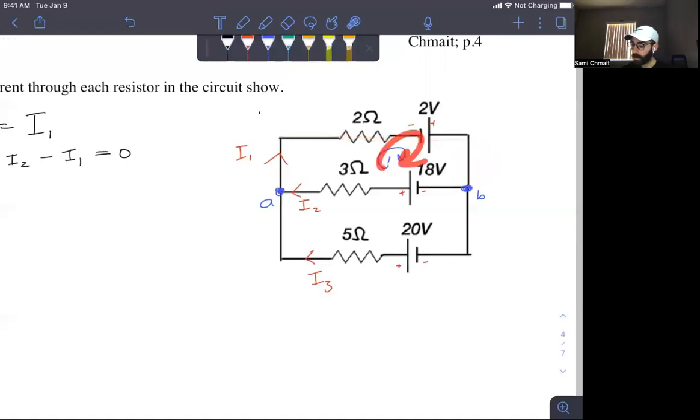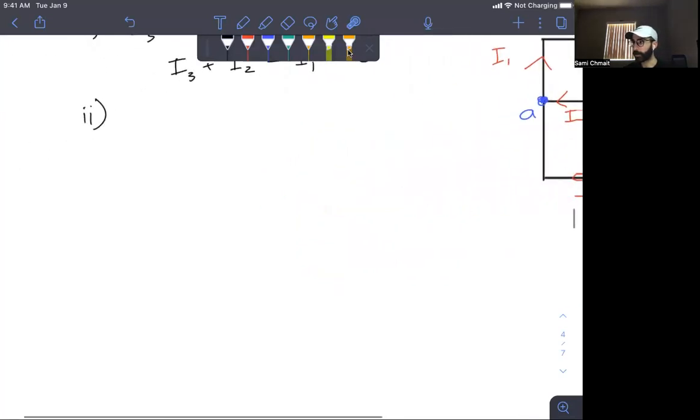And nicely, it also agrees with the direction of current I2. Our current arrow is pointing like this with respect to I1, and with respect to I2 it's pointing like this. The loop we defined is like this, so it's in accordance with everything else.